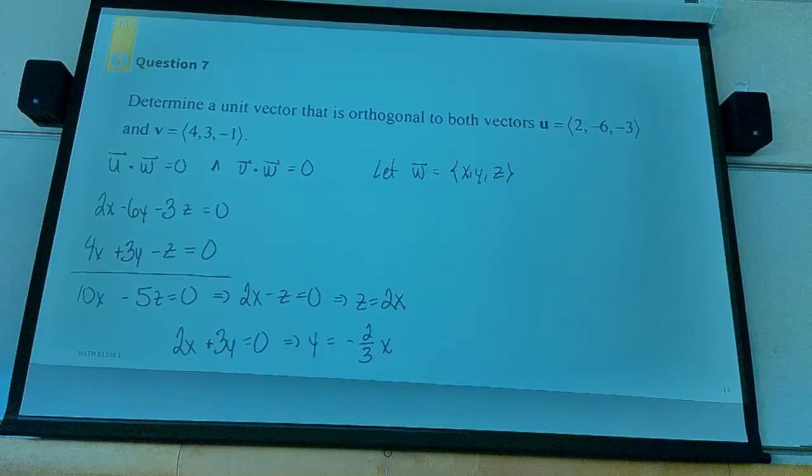So W is any vector of that form. X can be anything. Let x be 3. Y is then -2, and z is 6. There's a vector orthogonal to both.